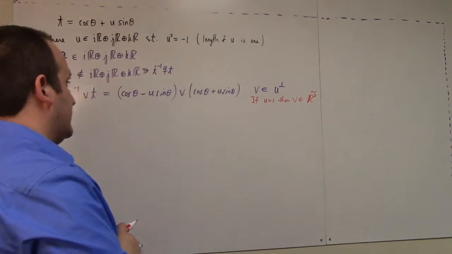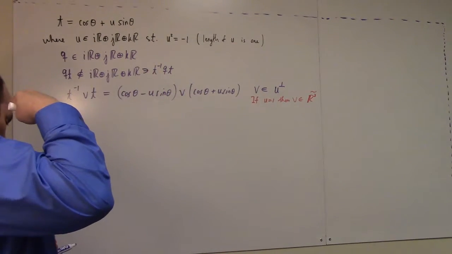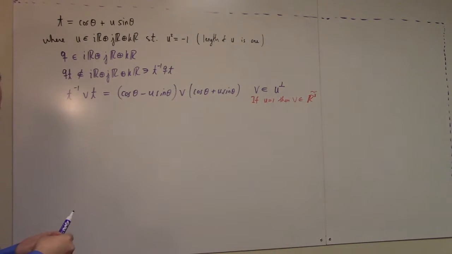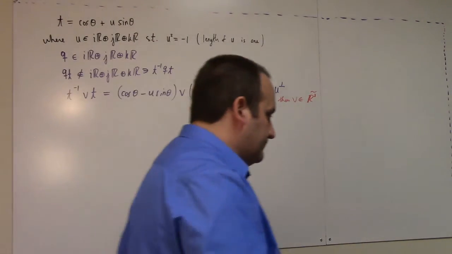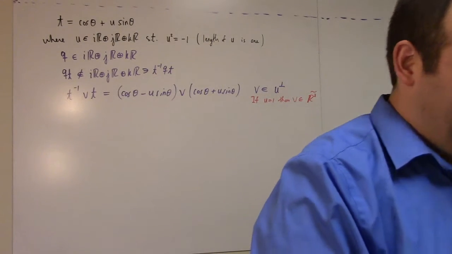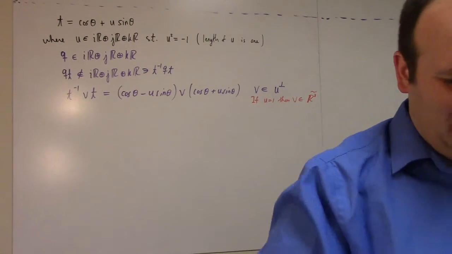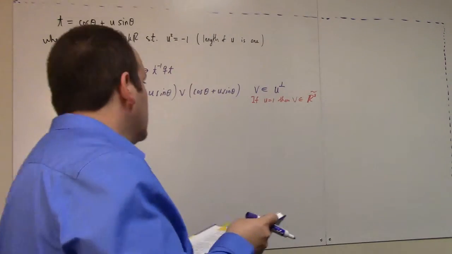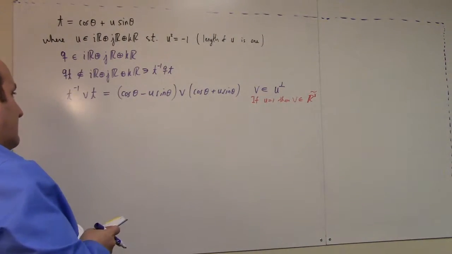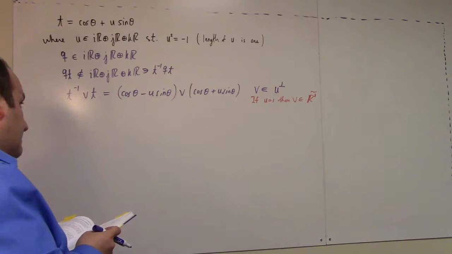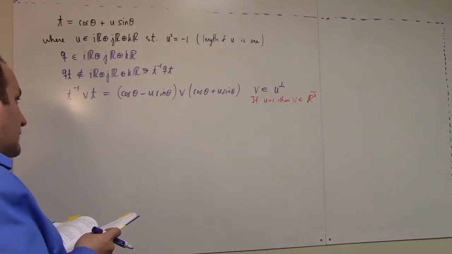But more generally, it's in some sort of volume which is perpendicular to U in the four-dimensional sense of perpendicular. We're looking at IR plus JR plus KR, which is like R3 tilde.